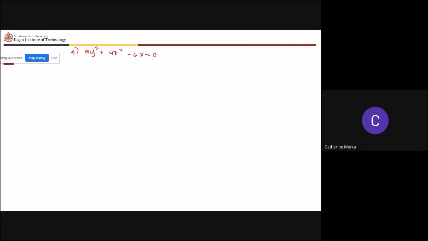So again, you have to multiply the entire thing by 1 over 36. You come up with y squared over 4 plus z squared over 9 minus x over 6 equal to 0.